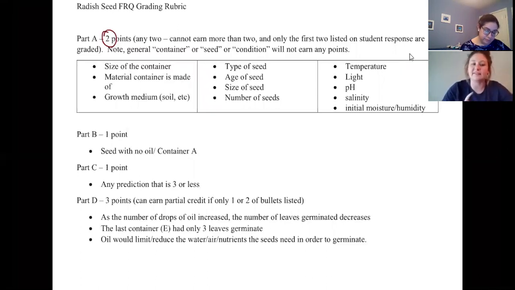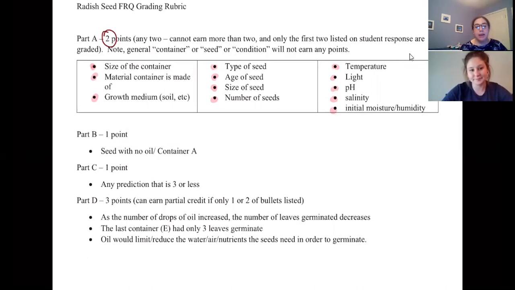You could have said that the size of the container was held constant, the material that the container was made of, the growth medium, the type of seed, age of seed, size of seed, number of seeds, temperature, light, pH, salinity, or the initial moisture or humidity. So you could get up to 2 points for saying up to two of those things.